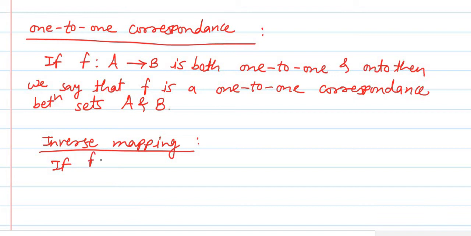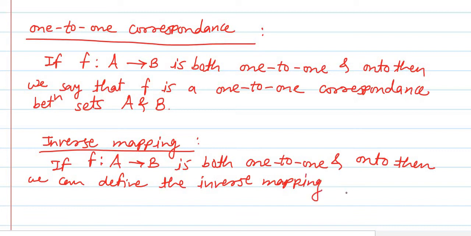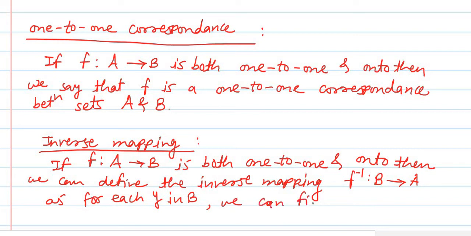If a mapping F from set A to set B is both one-to-one and onto, then we can define the inverse mapping F inverse from set B to set A as follows: for each y in B, we can find a unique x in A such that f of x is equal to y.